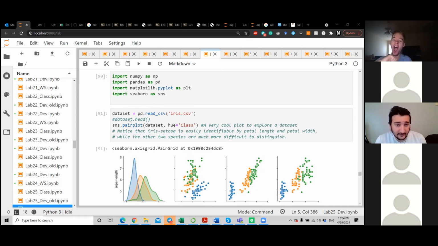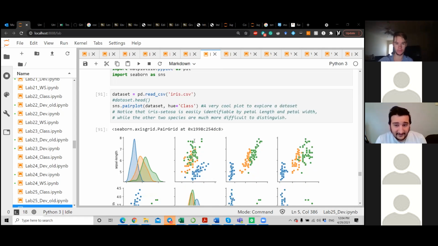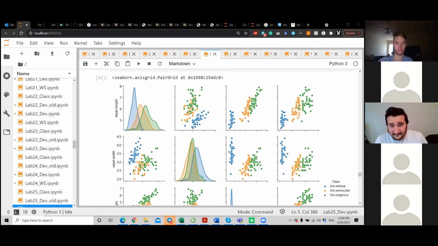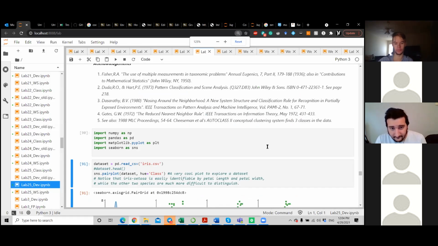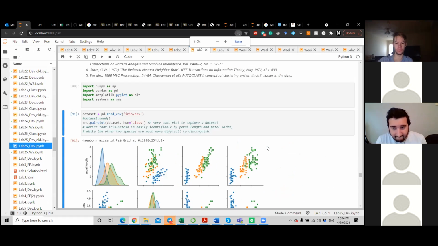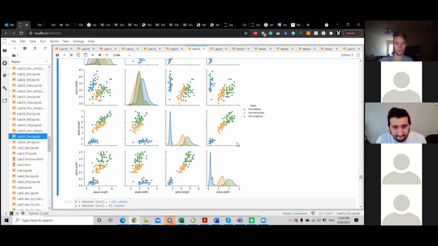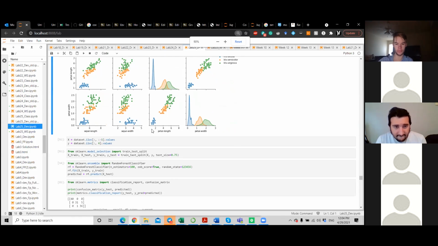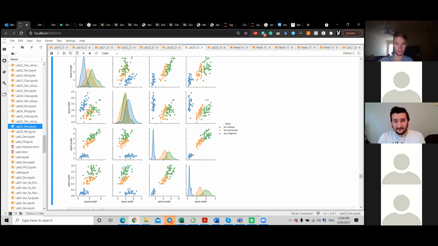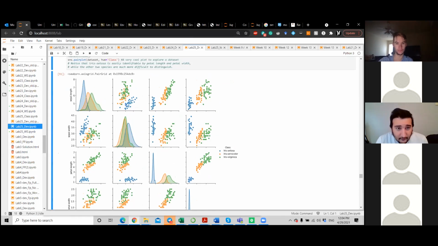This pair plot is a very cool plot that you can use to explore a data set. First, let's have a look at this. Let me zoom out. Okay, now I think you can see it more completely.